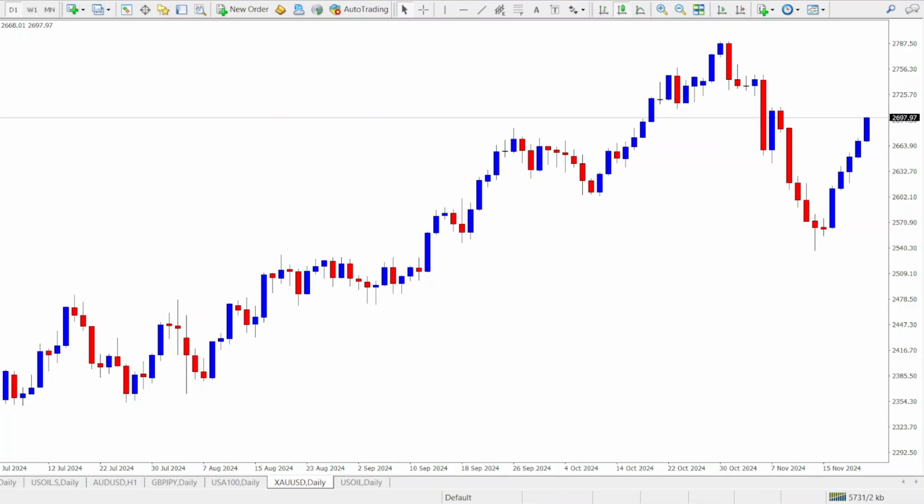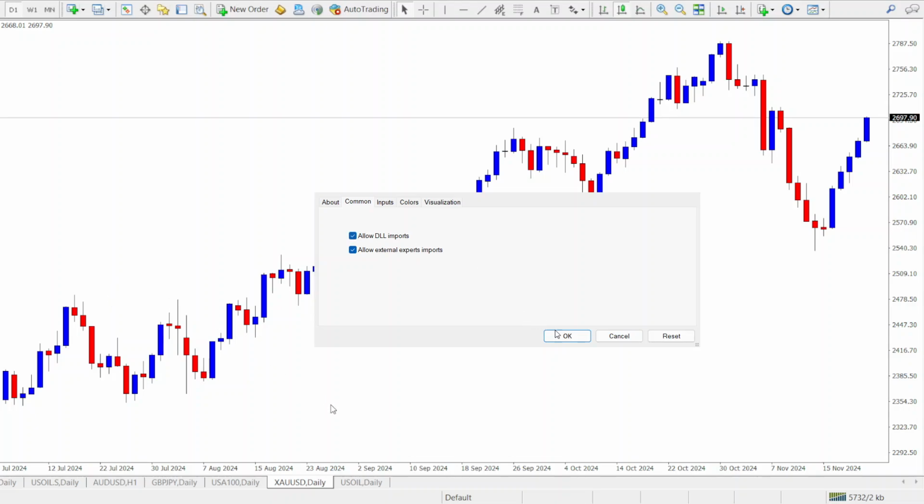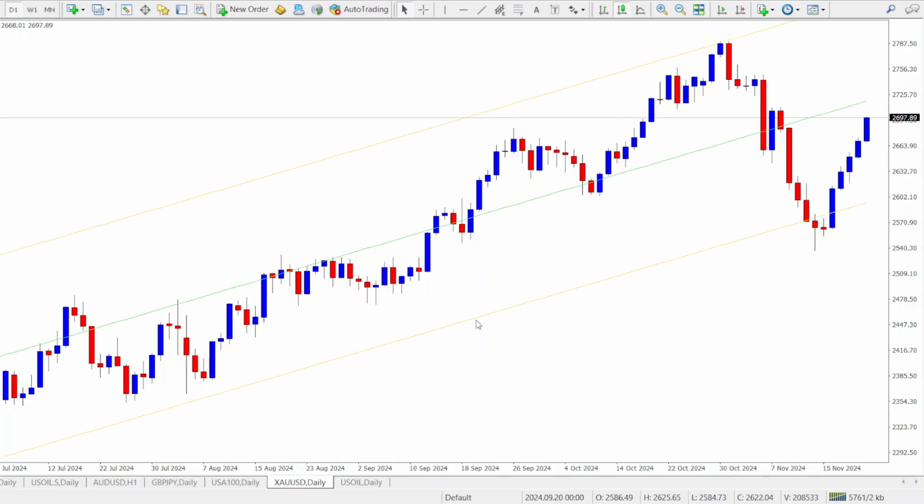So I'm just going to be adding the indicator to the chart right away because I have already downloaded the indicator. All right. So this is how the Polynomial Regression Channel Indicator looks. Now this indicator is a versatile indicator for identifying dynamic trend channels in Forex trading.